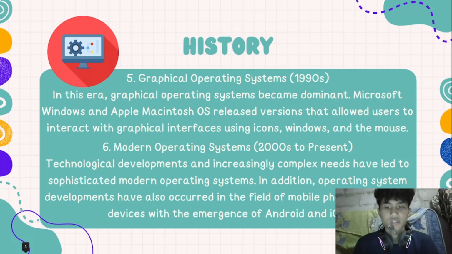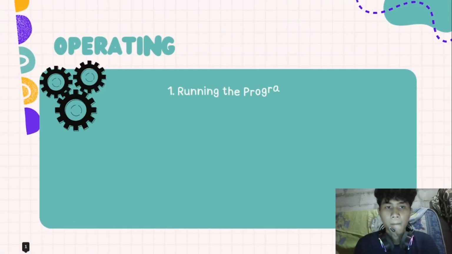Modern operating system. Technological development and increasingly complex needs have led to sophisticated modern operating systems. In addition, operating system development has also occurred in the field of mobile phones and tablet devices with the emergence of Android and iOS.